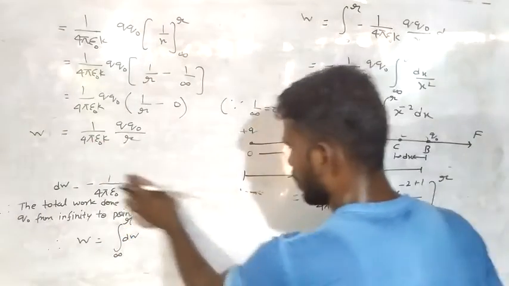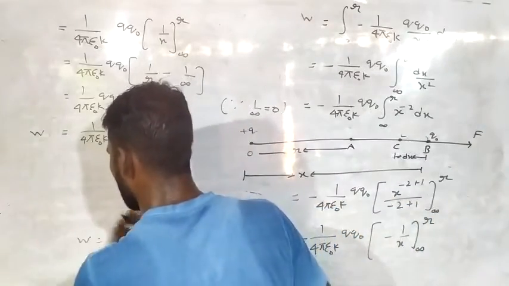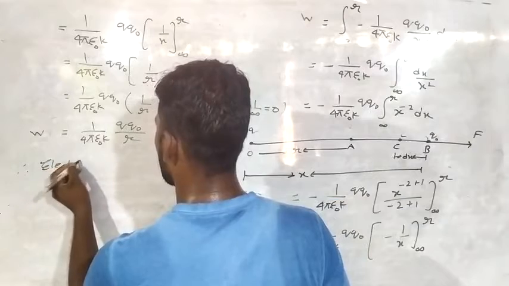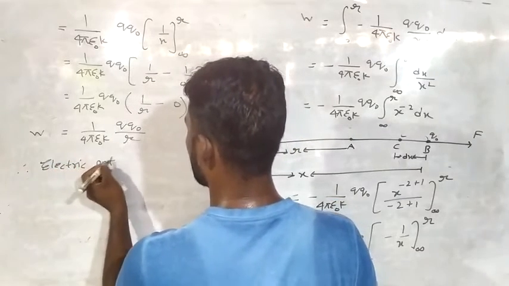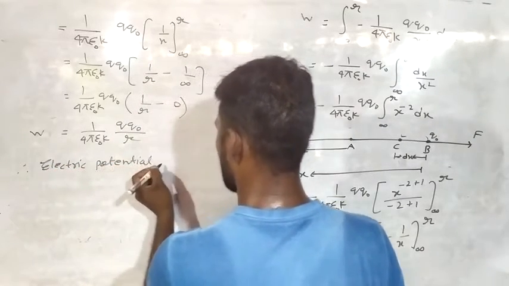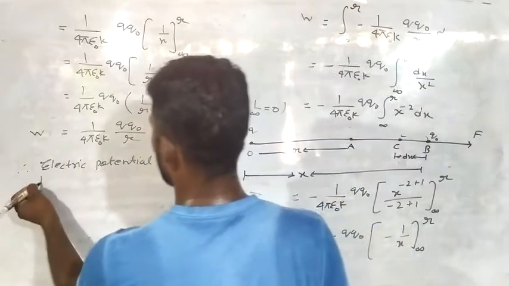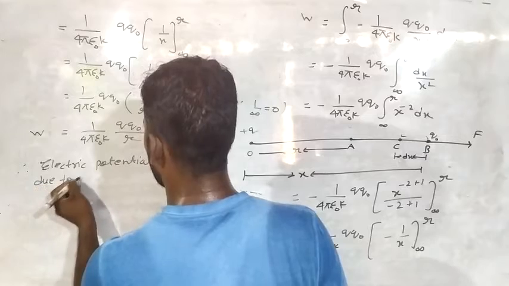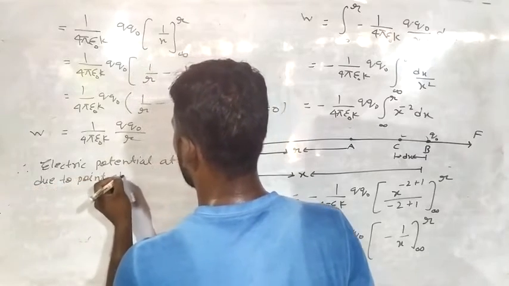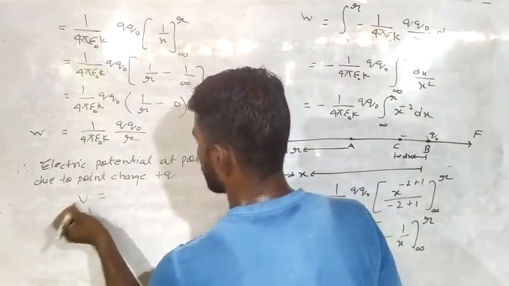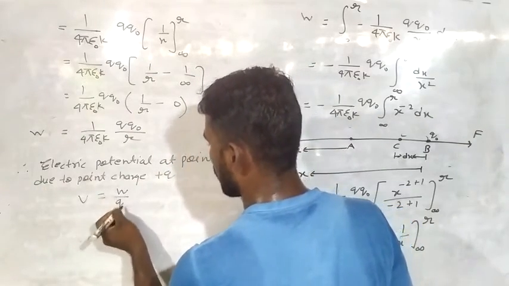So we will find the electric potential at point A. Therefore the electric potential at point A due to point charge plus Q, what can we say? V is equal to W upon Q naught.